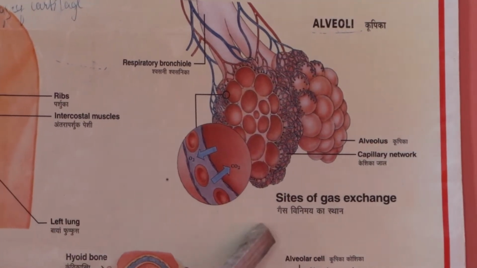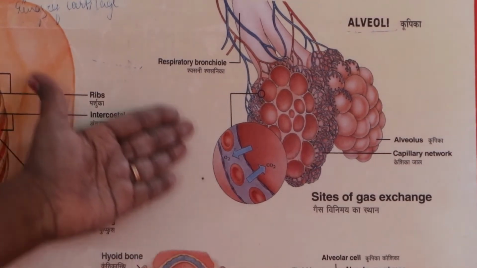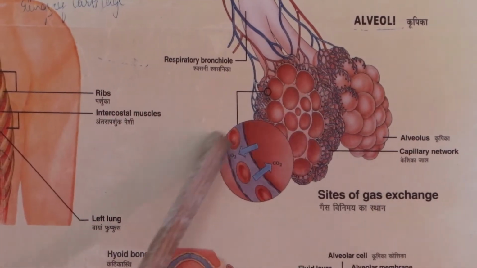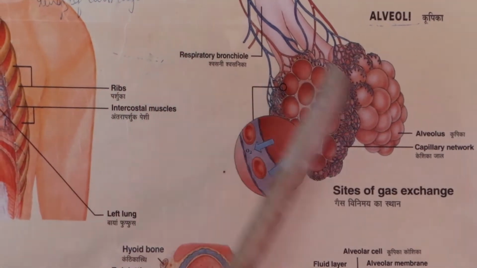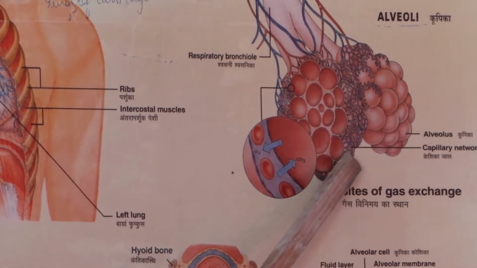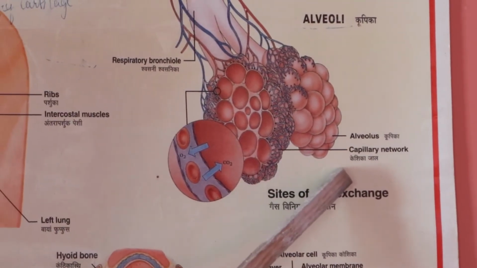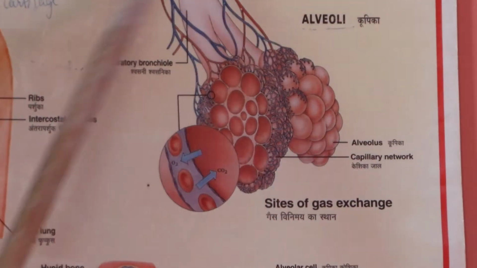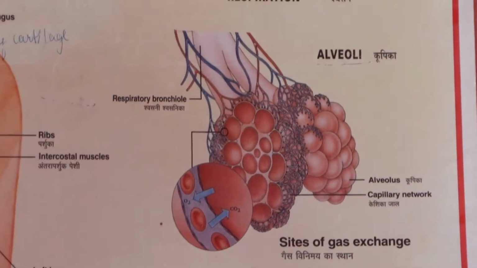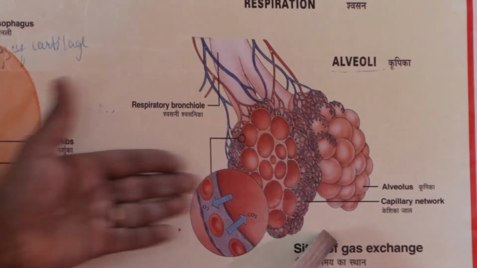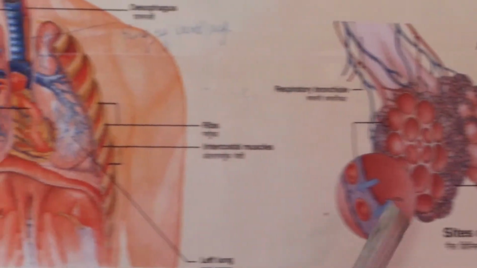This is the site of gas exchange. It helps carry the gases, oxygen, to all parts of the body through the blood vessels. It has a capillary network, which is involved in the transportation of blood. So it helps to transport the oxygen through the blood from the alveoli to all parts of the body.